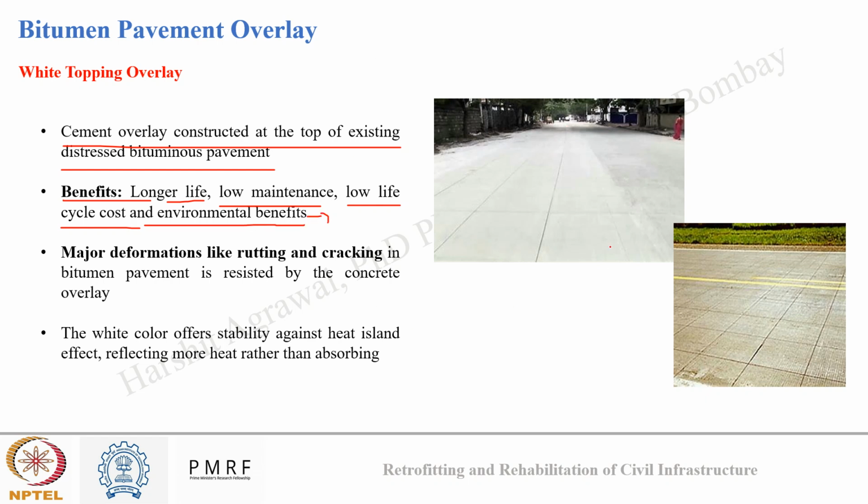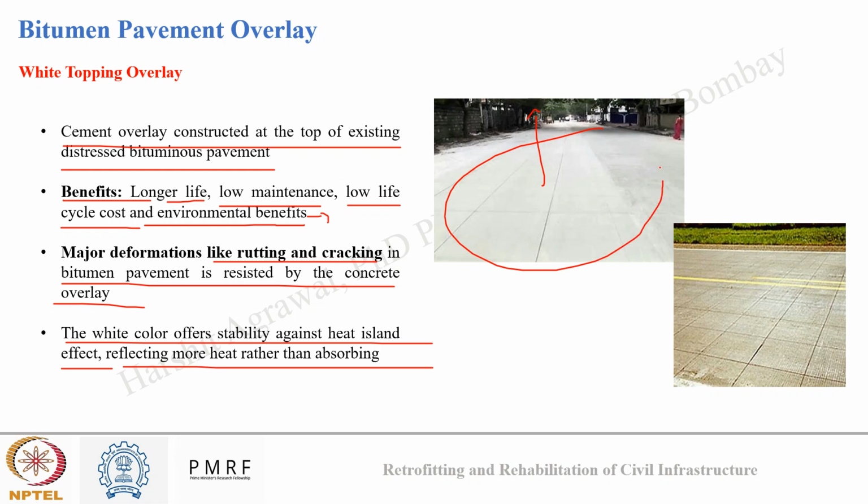Since it is white in color, it will be able to reflect heat and it won't absorb that much heat. Major deformations like rutting and cracking in bitumen pavement are resisted by concrete overlay. The white color offers stability against heat island effect, reflecting more heat rather than absorbing. So in this image, you can see a white topping overlay has been used for bitumen pavements.